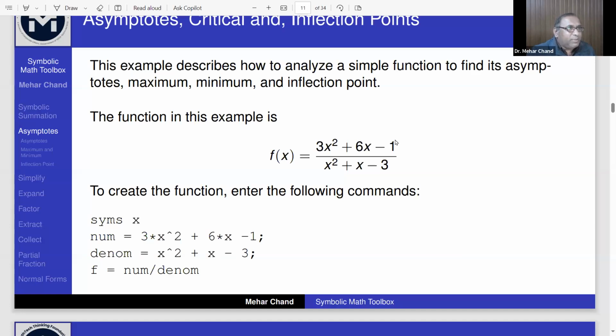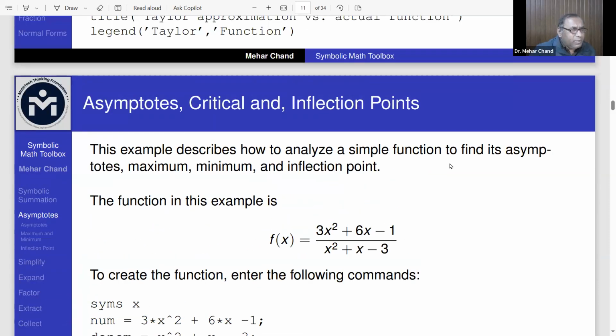we will discuss this example, which is associated with asymptotes, critical and inflection points. Why I want to target this example: the entire slide, which covers all these three topics, I converted into a script file by slicing.